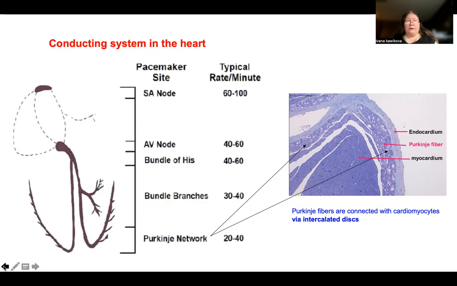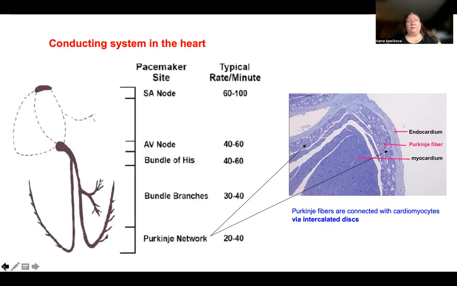So the membrane potential is corresponding to the influx of calcium. And then we reviewed the differences in action potential in the conducting system, namely the SA node, and the cardiomyocytes.